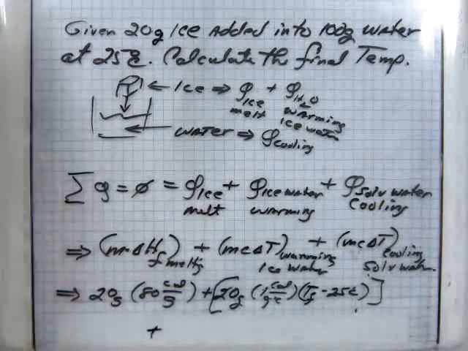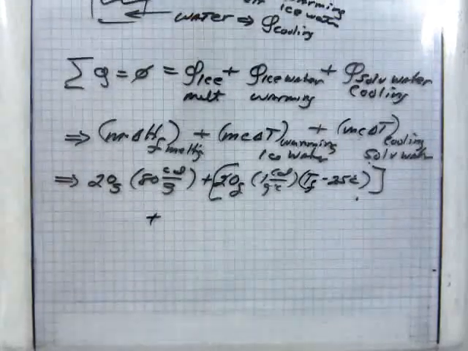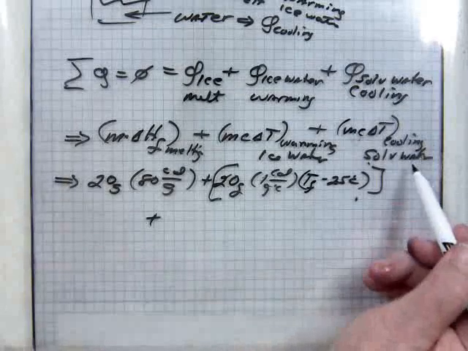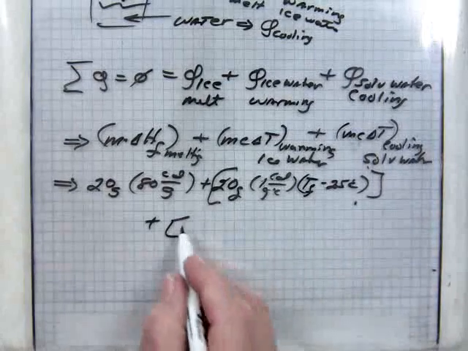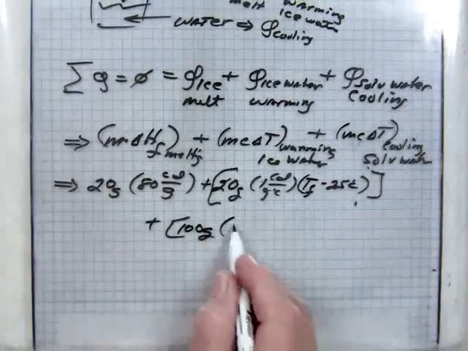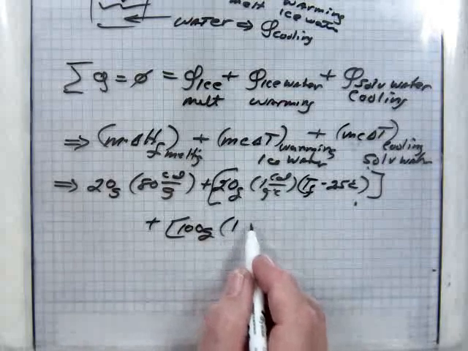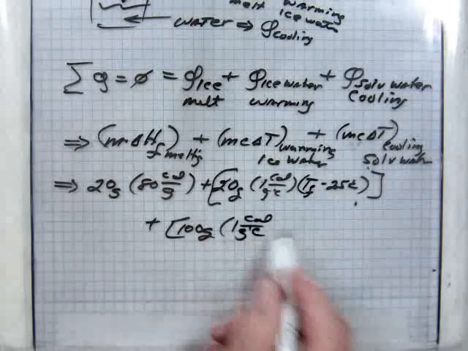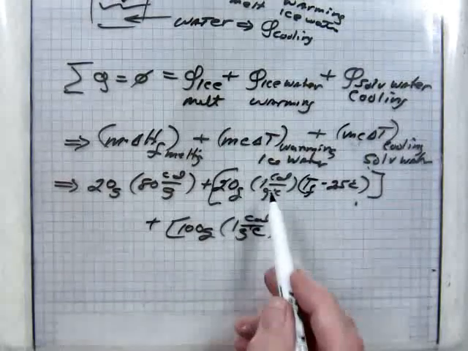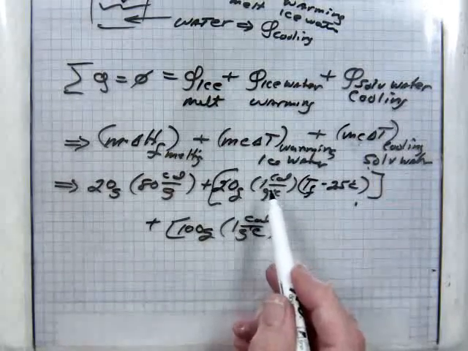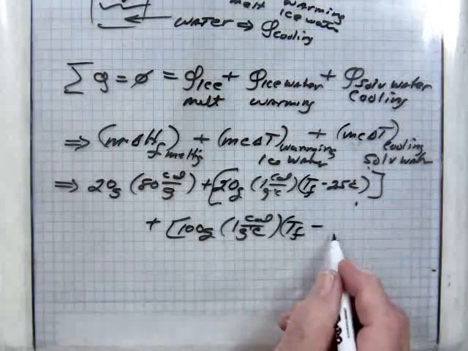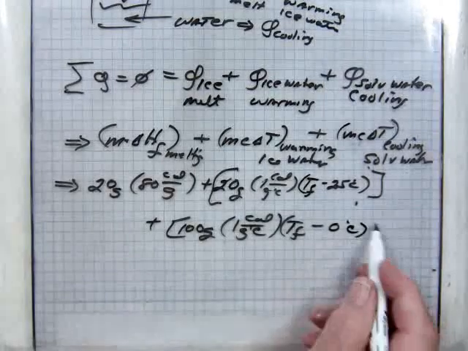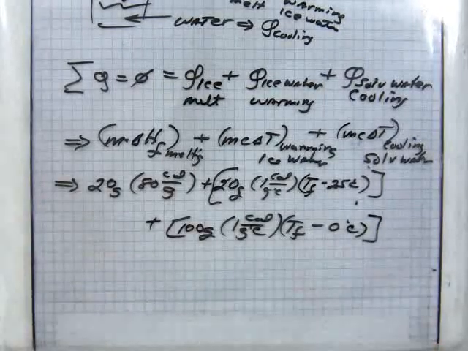And then, I know it kind of gets crowded, and then we want to cool the solvent water. Well, you set that up. Solvent water, we had 100 grams of solvent water, and that's 1 calorie per gram degree C. Now you're not warming solid, so that's still water that you're warming or cooling. And so that goes T final and 0 degrees C. You start at 0 degrees, and wherever the ice water starts, at 0 degrees Celsius.